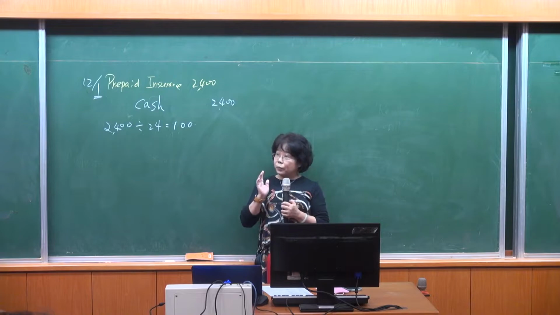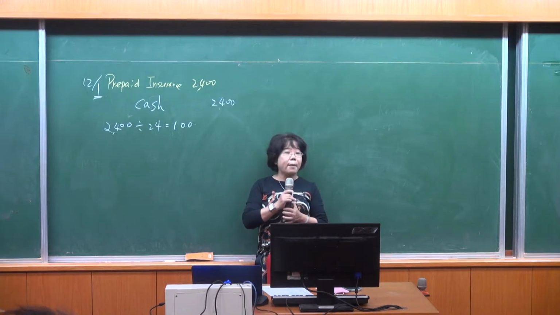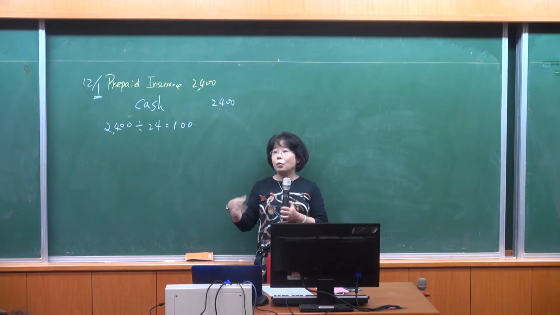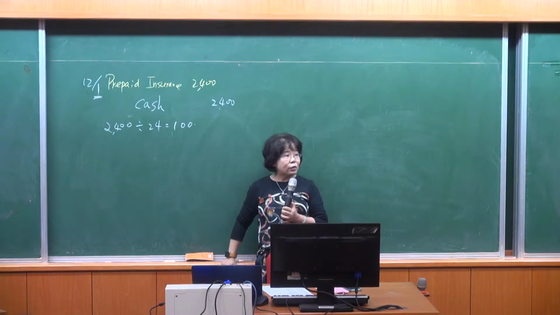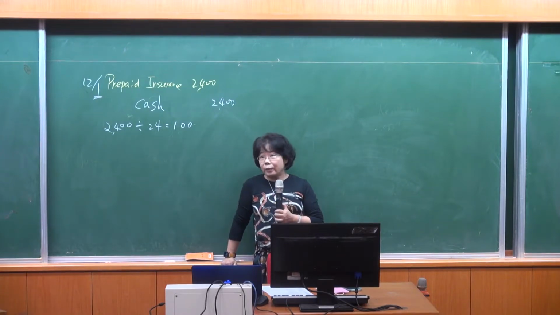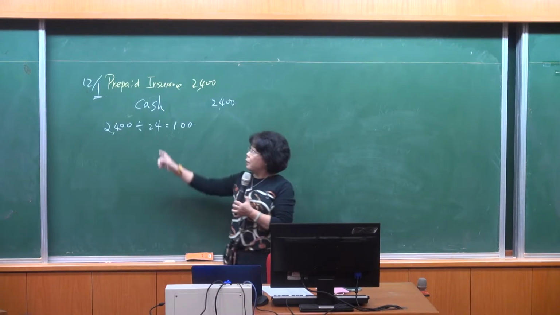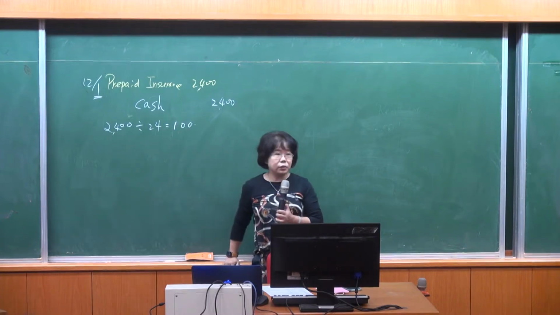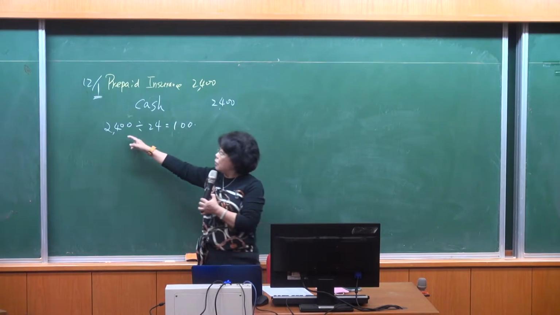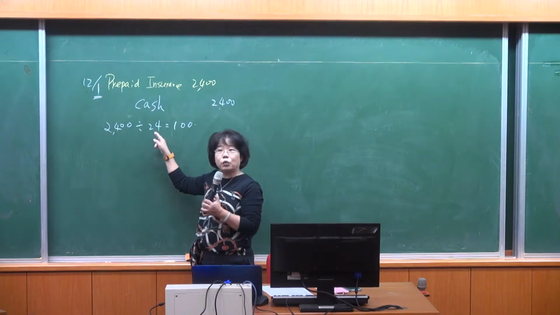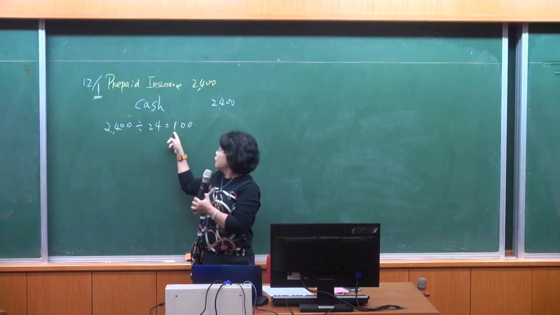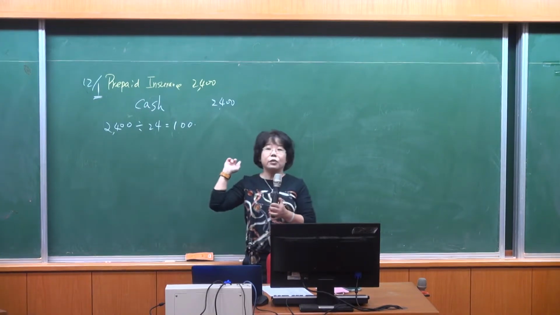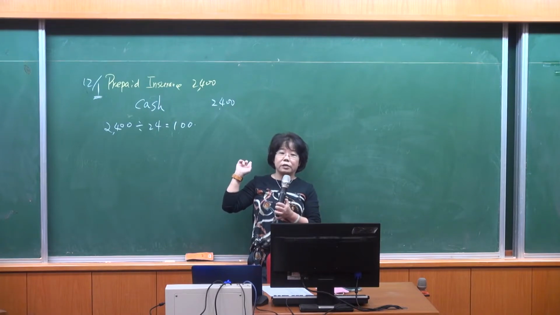But don't forget, you normally need to make a monthly report for every company. 每一家公司都会要你做月报表，每个月的财务报表。Then you should know for each month how much the real insurance expense is. I just mentioned you can divide it equally over 24 months. You're right. For each month, the expense incurred is $100.